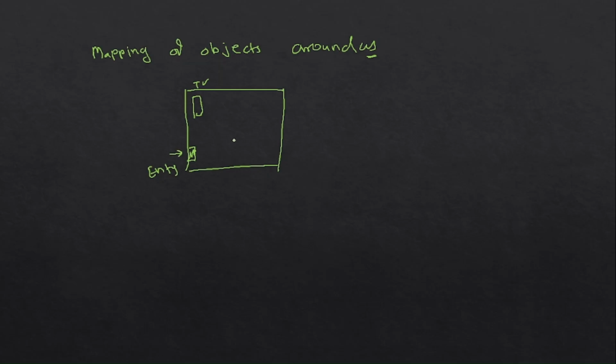Then maybe here we have the bed, right? Here the study table will be there, and chairs, 2 chairs will be there. So such a layout of our room will be there. This is called the mapping of the objects around us. We can represent the objects around us by using such mapping.